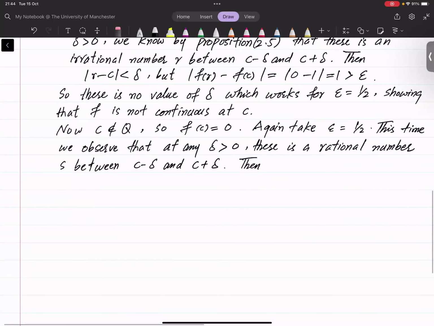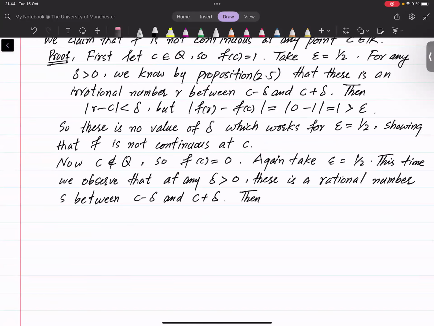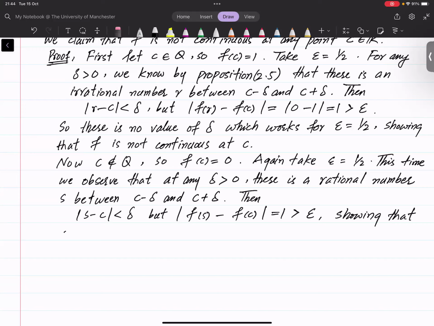Then we have mod of s minus c is less than delta, but mod of f of s minus f of c is equal to 1, which is greater than epsilon, showing that f is not continuous at c.